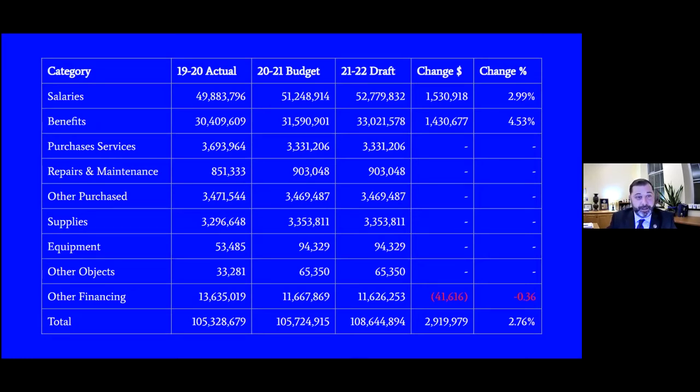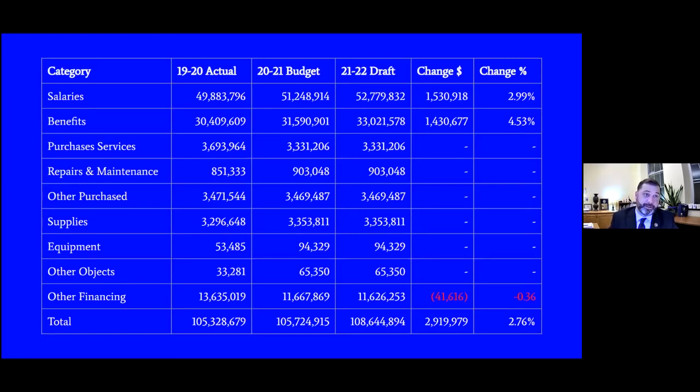And then, again, the accompanying benefits have increased accordingly with the increase in PSERS, with the increase in salaries, and then the 5% increase in healthcare. Just a small reduction down there in the other financing sources, and that again was our debt service payment and our transfers to capital reserve and transfers to the food service fund. So in total, the expenditures just up 2.76%.